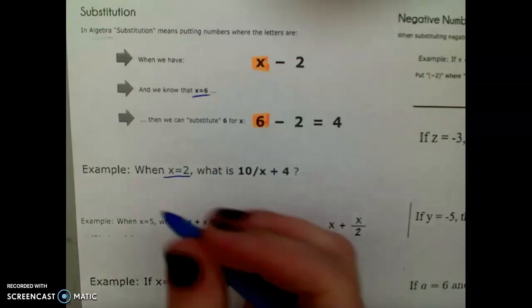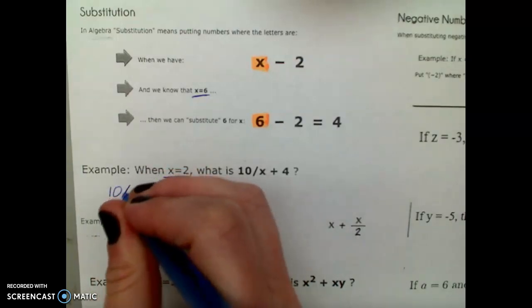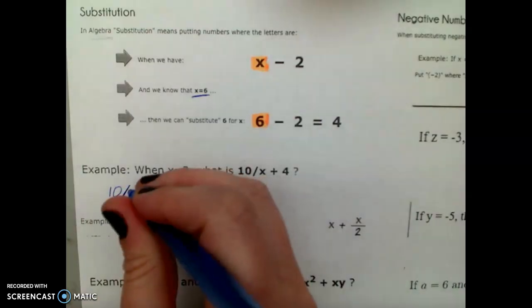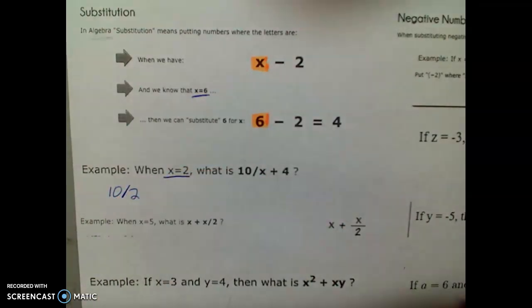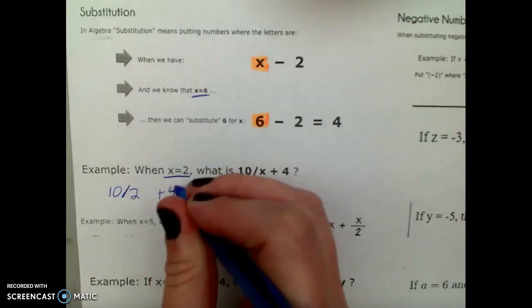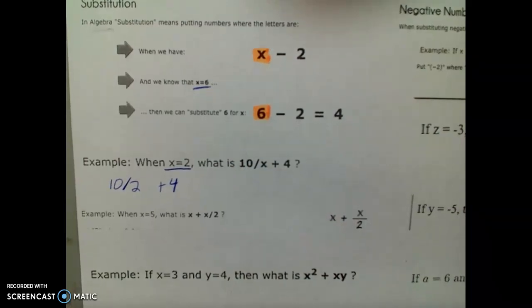Let me show you. We got 10 divided by, now instead of x, I'm going to put 2 right there, and plus 4. Voila! I've done my substitution correctly.